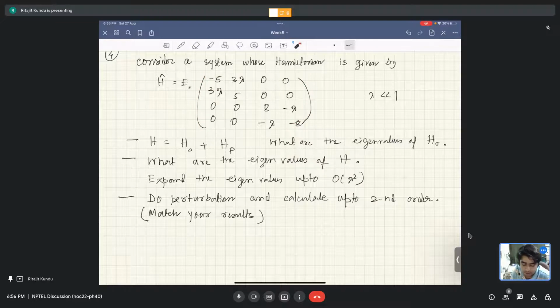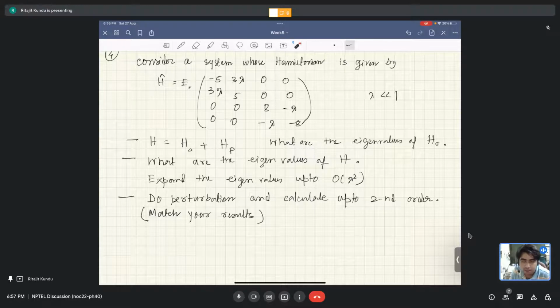Now if there are no off diagonal terms, then we know exactly that only minus 5, 5, 8 and minus 8 would be the eigenvalues. But if there are additional lambdas, additional off diagonal terms, then we cannot always find those eigenvalues exactly.